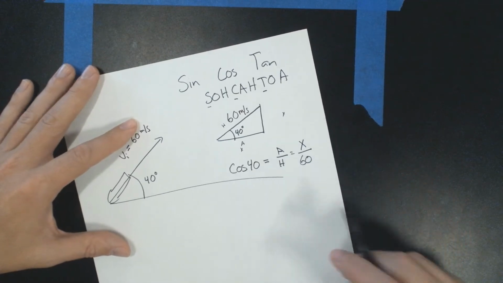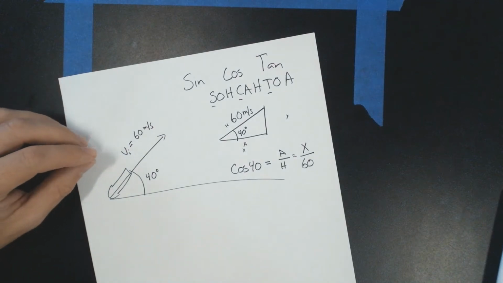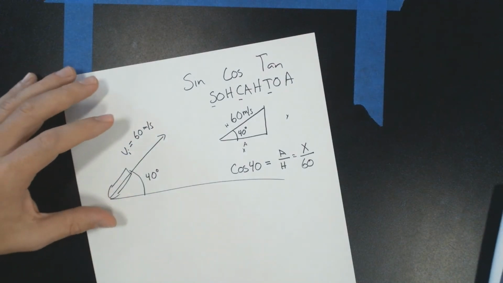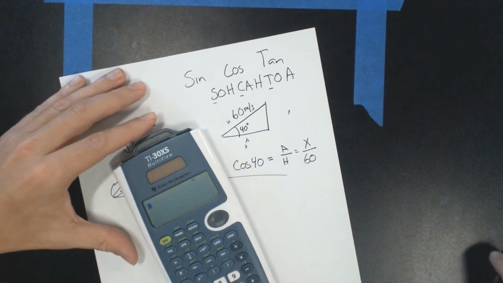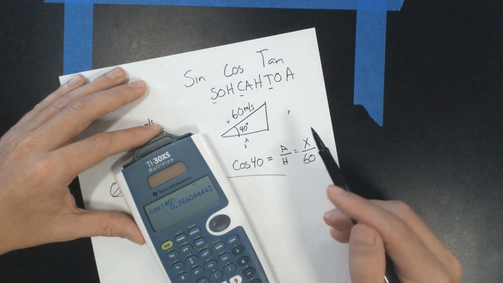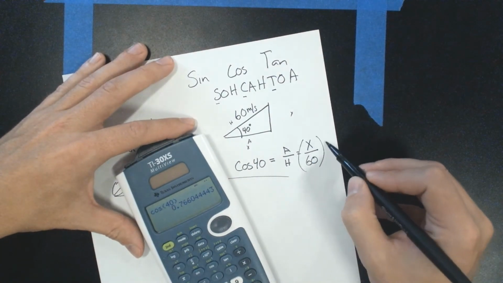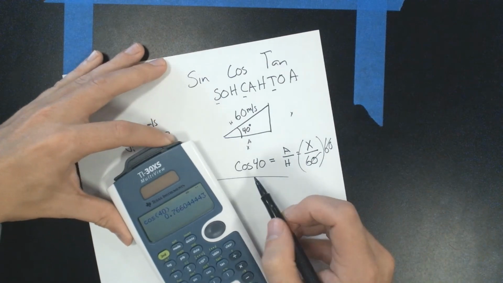At no point do I expect you to memorize the cosines, sines, or tangents of anything. So I'm going to take my trusty calculator here, type in cosine of 40, and then if I want to get x on its own, I'm going to multiply both sides by 60. These will cancel out.